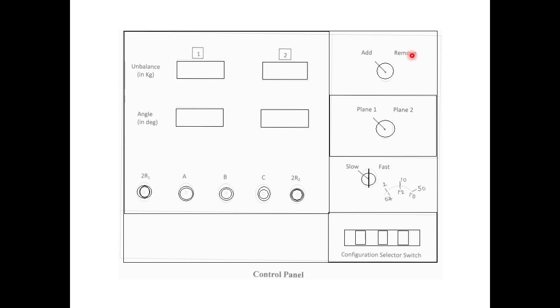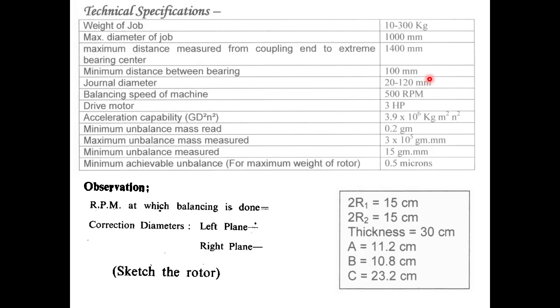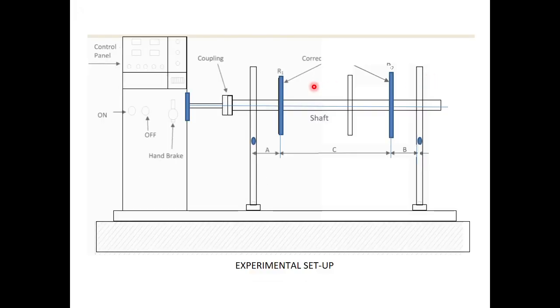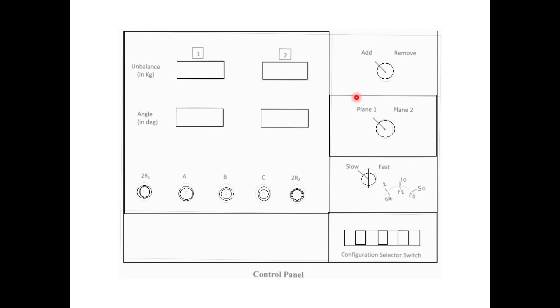That is relevant in some other types of rotating machinery. But in this particular setup, we cannot drill a hole there. This is a standard setup that will get damaged as such. So we add some mass there. It is always add in our case.